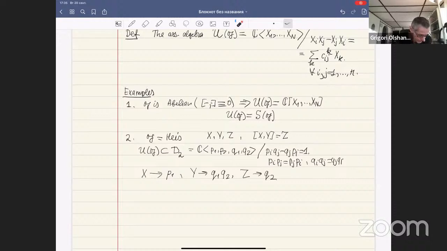And some more general way to define the universal enveloping algebra is as follows.